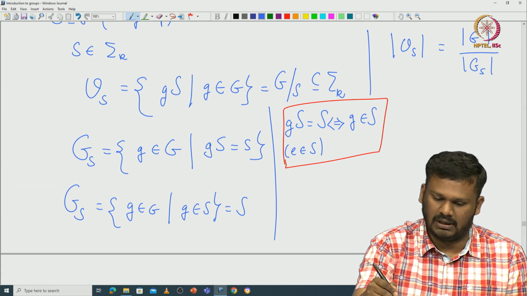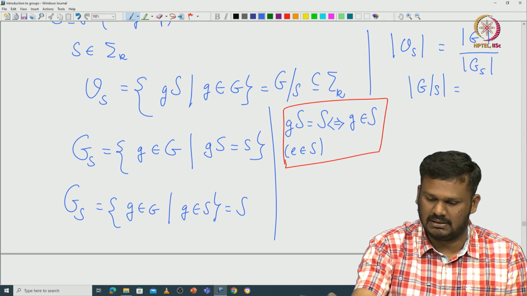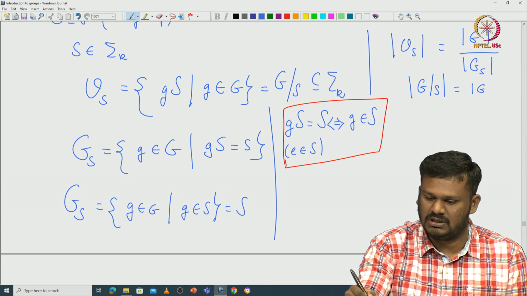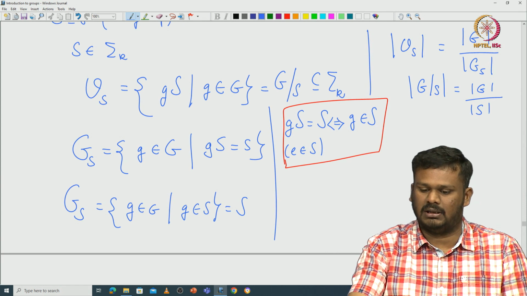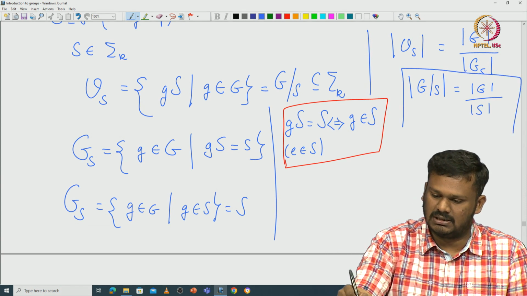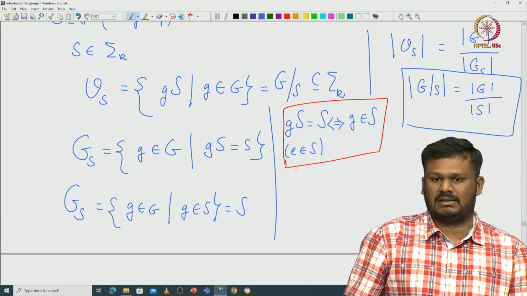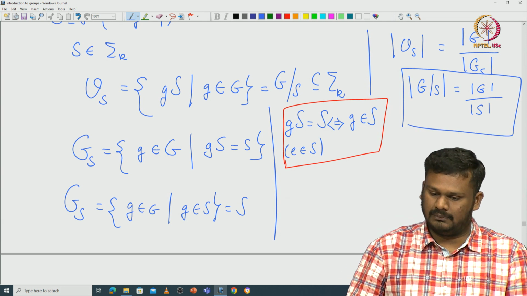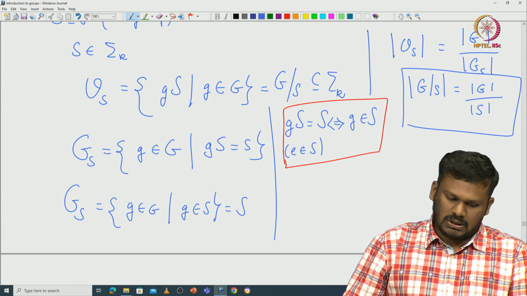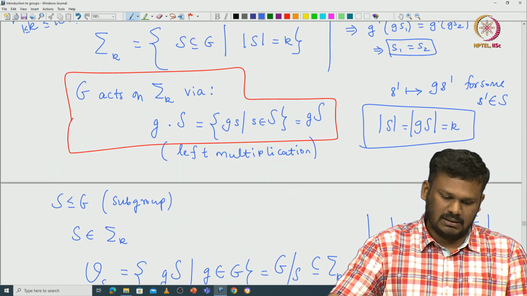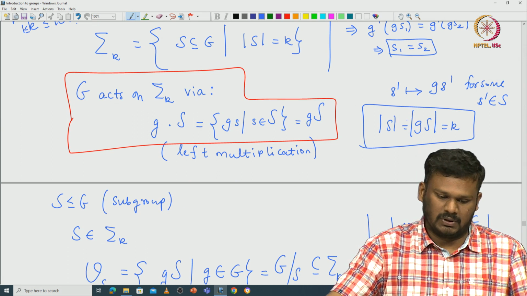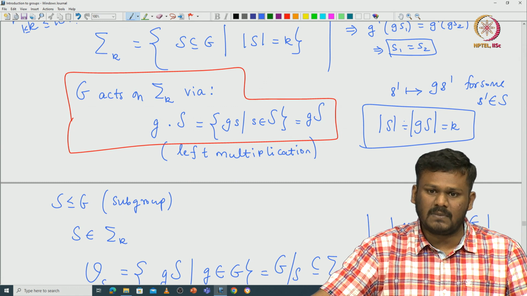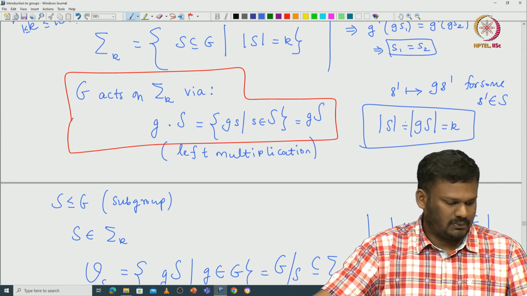But the cardinality of the orbit is exactly the cardinality of G mod S, and the cardinality of G divided by the cardinality of the stabilizer is the cardinality of G divided by the cardinality of S. So this is actually Lagrange's theorem, which comes for free from the orbit stabilizer theorem. So this is a somewhat important action. This kind of action we will see when we prove Sylow's theorem. That is why I am defining these actions now.